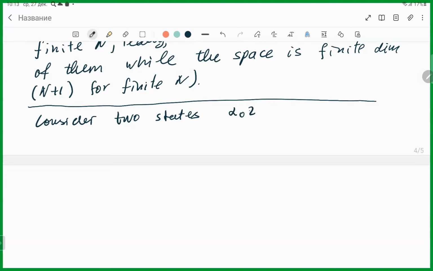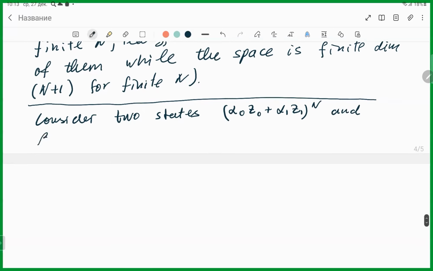Alpha naught z naught plus alpha 1 z1 to the power n, and beta naught and beta, say 1, z1. Okay, I can put beta 1 to 1.